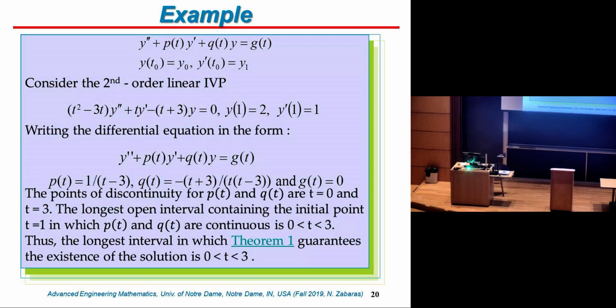Is that correct? All right. That's why it says an open interval. So this problem then has a solution, and we will see possibly today how to actually compute the solution to this particular problem. Again, the theorem doesn't say anything on how to compute it, but it says if there is a solution to the problem.